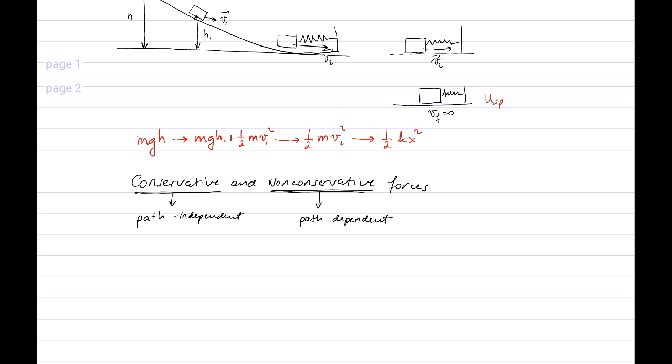What that means is that if I'm dealing with a path-independent force, let's say that I have an object here and I want to move it to that location, and I can take a path that goes like this, or I can take a path that goes straight across. Then the work that I do going from point 1 to point 2 is the same along both paths.